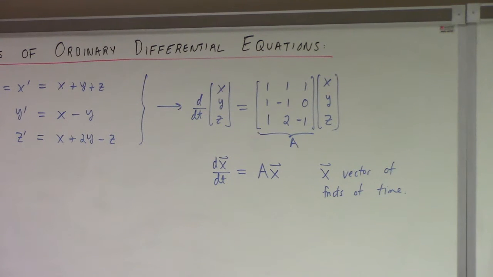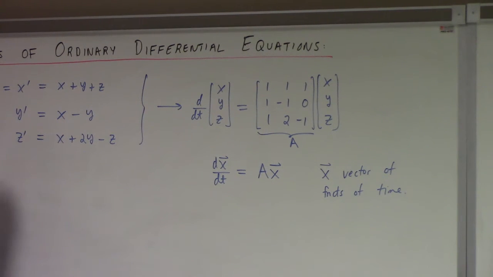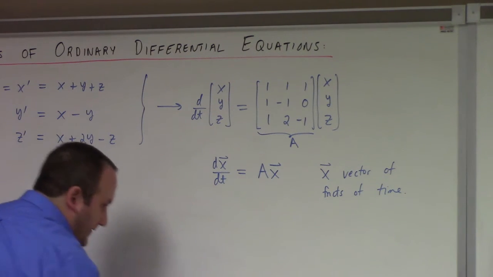So the question then is, well, how do you solve things like this, right? So that's a question we can ask. Now, more generically, guys, you could have something like this.